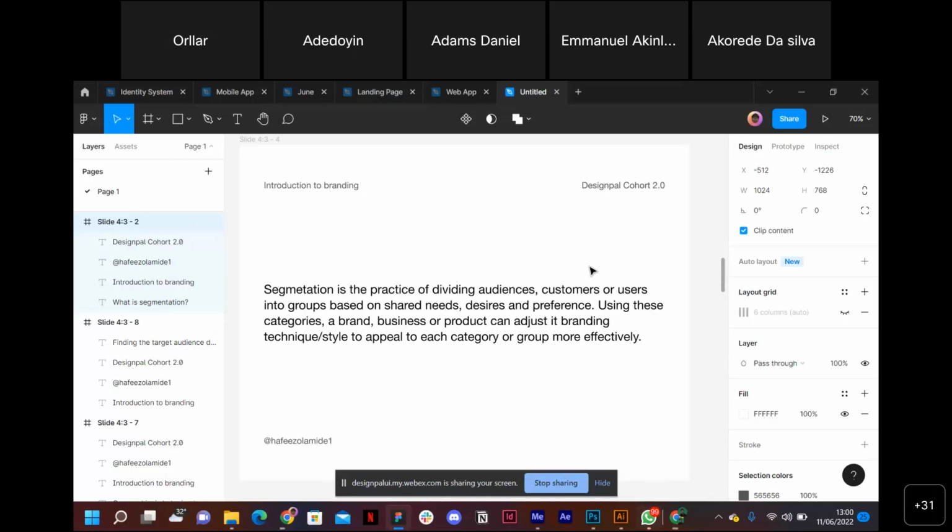Do you understand? So then you say, oh, my logo might not fit well for this application. It's not suiting it. So then you say, let's refresh our logo. Let's make something simpler or something more tech looking. Do you understand?